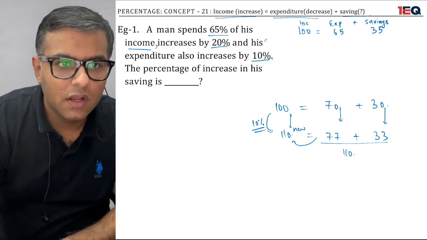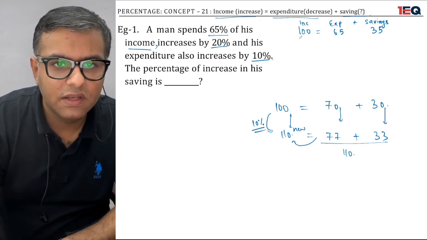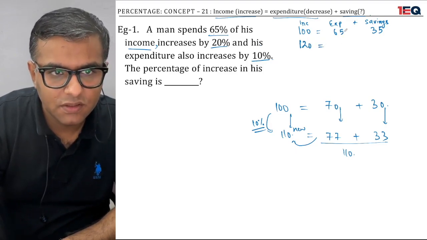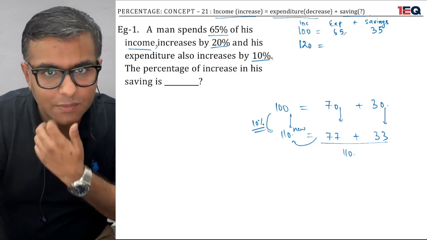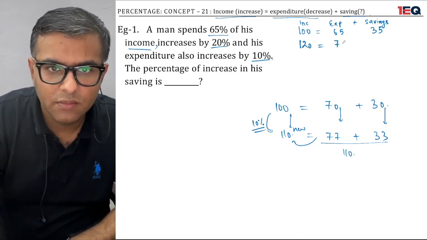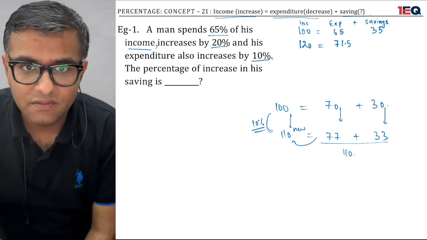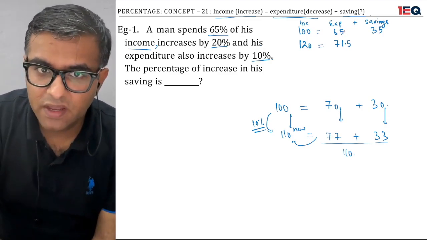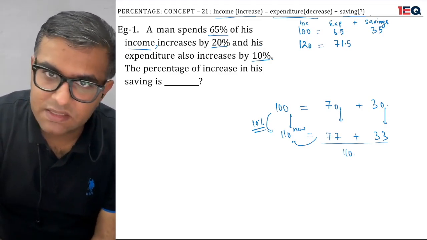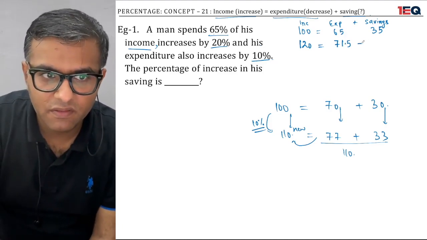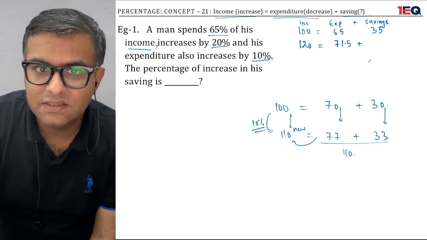Now if the income increases by 20%, it becomes 120, and the expenditure increases by 10%. So 10% increase gives 71.5. If somebody is smart enough, they would say 65 multiplied by 10% makes it 6.5, and 6.5 added to 65 makes it 71.5. Then what is the increase in savings?